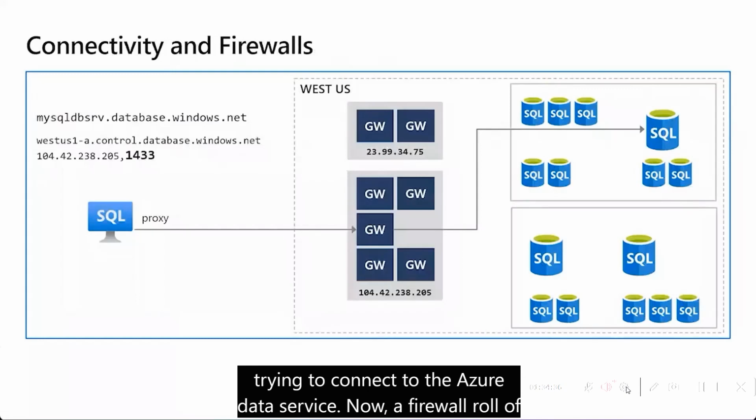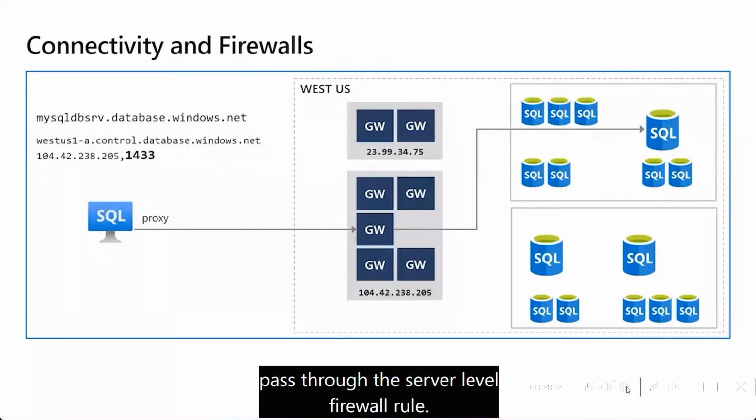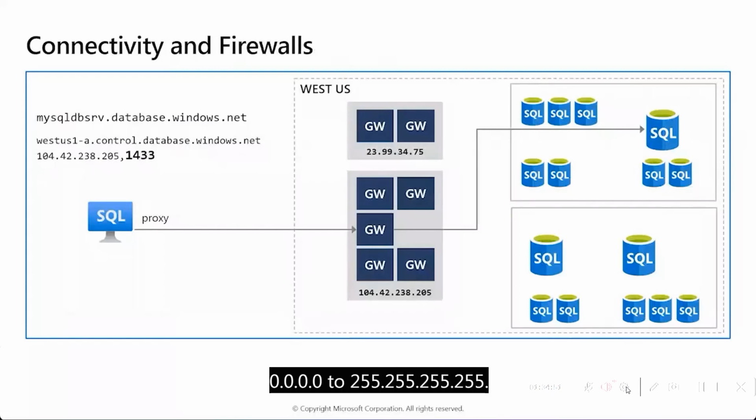Now, a firewall rule of 0.0.0.0 enables all Azure services to pass through the server level firewall rule. So if you wanted to open up your data service to the world, you can also specify this range to be between 0.0.0.0 to 255.255.255.255.